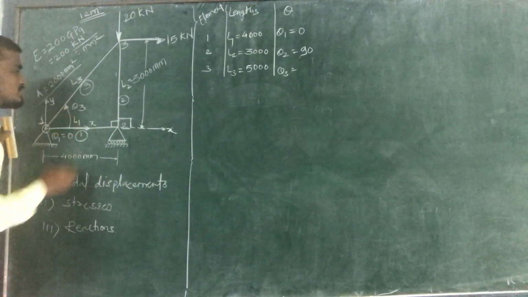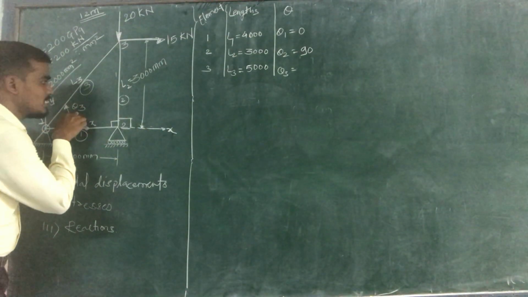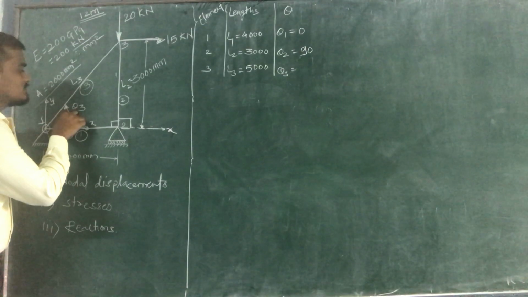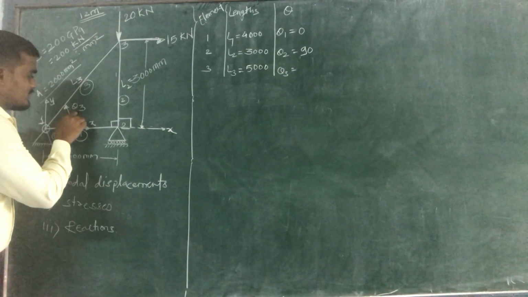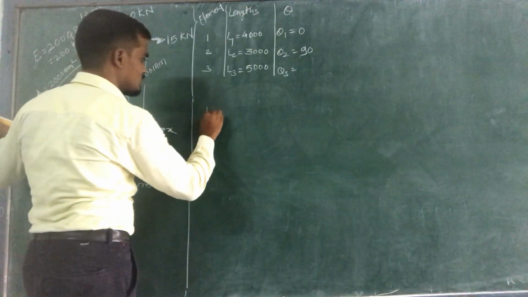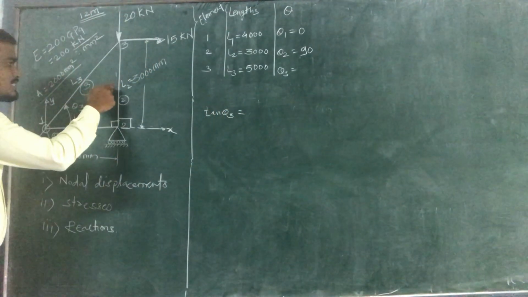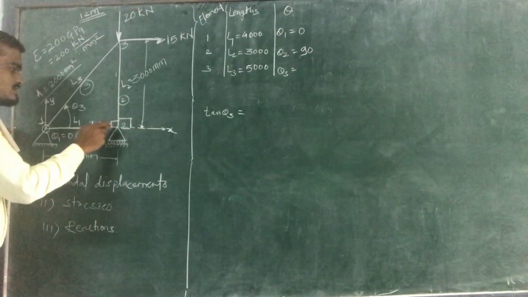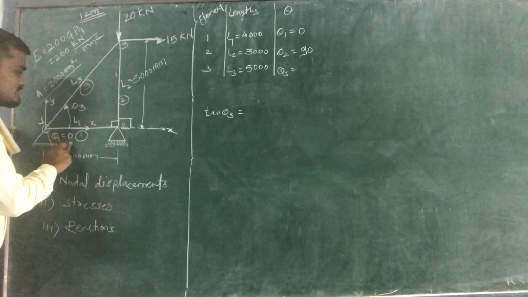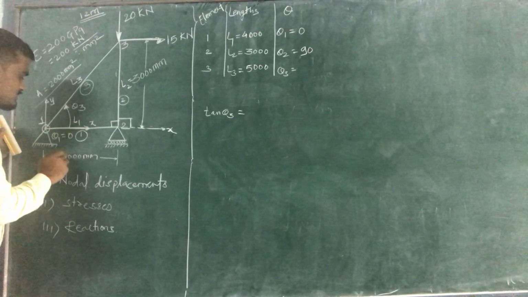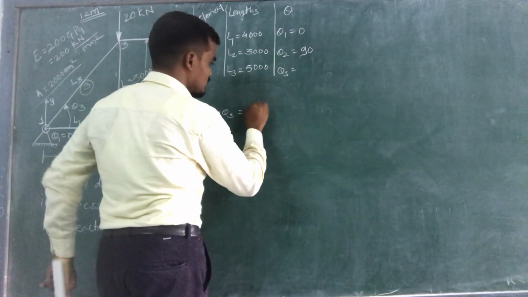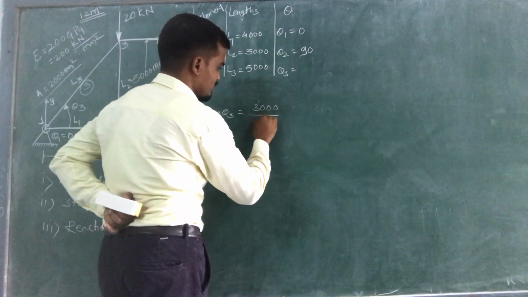So to find out theta 3, if we use the tan theta relation, tan theta 3 is equal to front side divided by adjacent side, because this is a rectangle. Front side is 3000, adjacent is 4000. So 3000 by 4000.